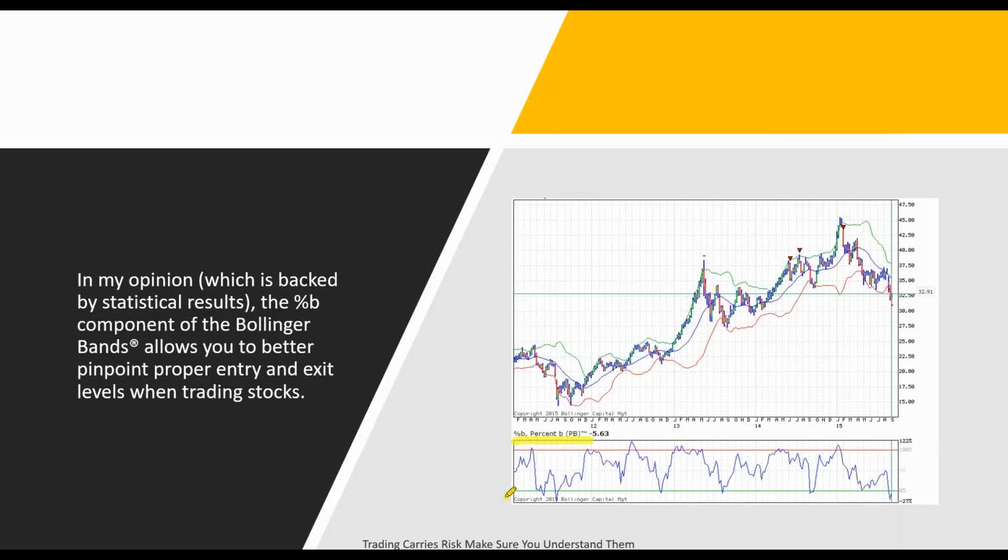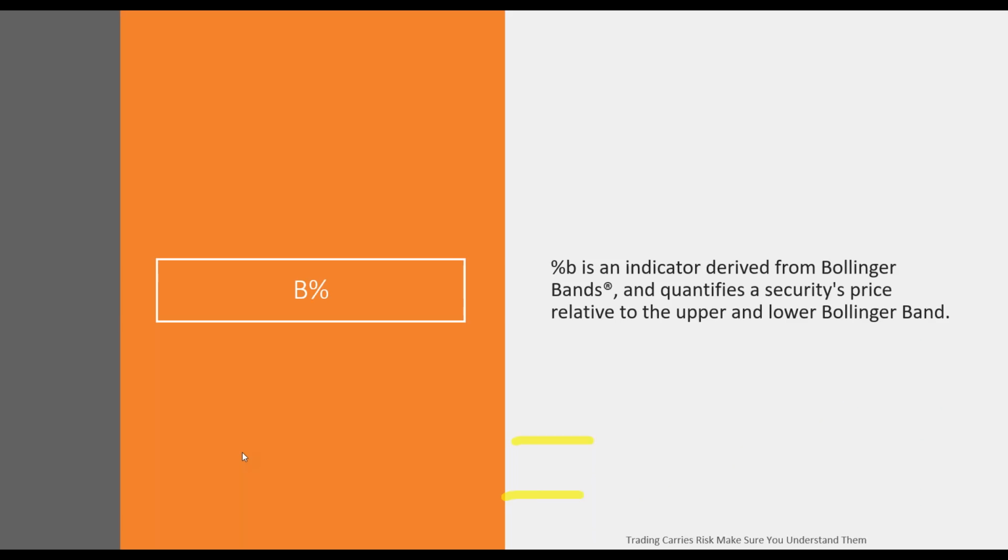And this tells us the volatility of the markets and helps give us enter and exit points, because it tells us where price stands in relationship to the width of the bands. Percent B is an indicator derived from Bollinger Bands and quantifies the security's price relative to the upper or the lower band. If we know it's sitting right by the lower band, or right by the upper band.